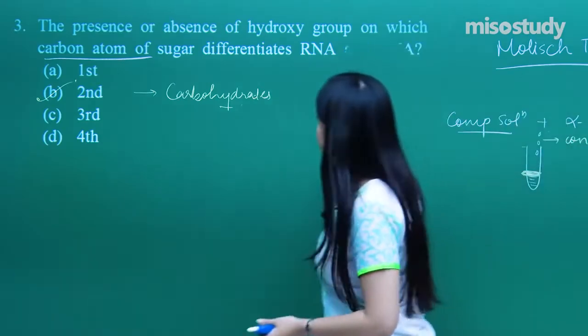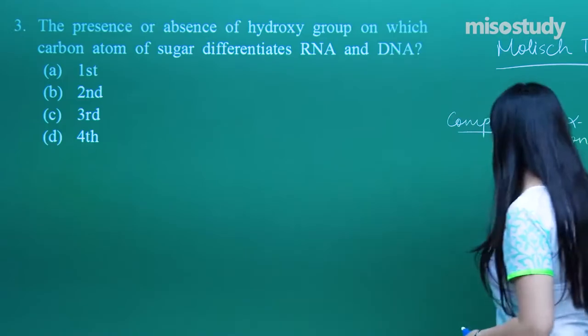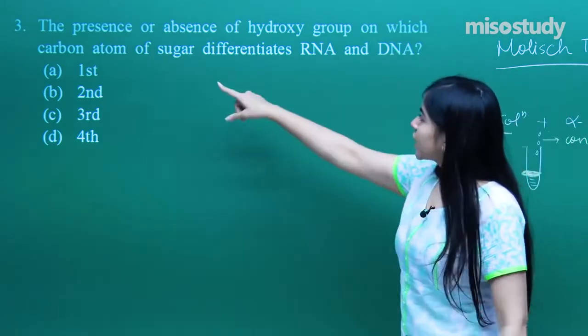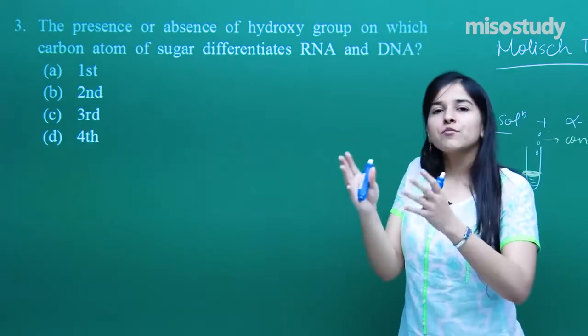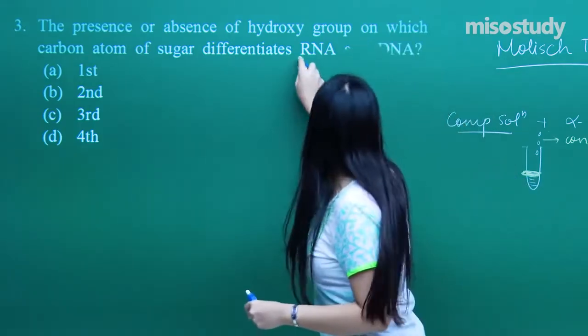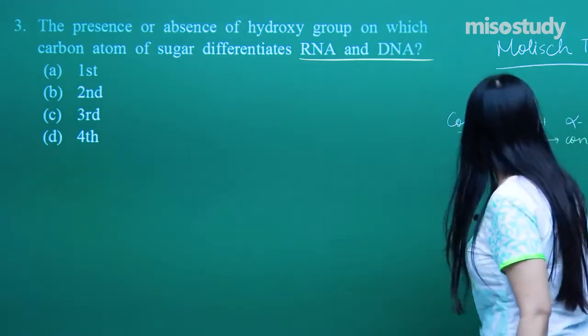What do I have? The presence or absence of a hydroxy group on which carbon atom of sugar differentiates RNA and DNA? They are actually asking about the difference between the structure of RNA and DNA. Let us try to make it out.